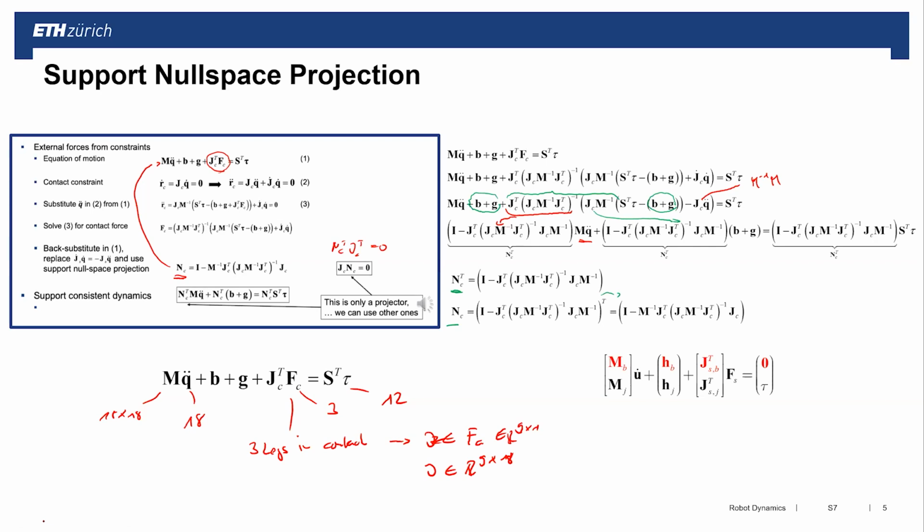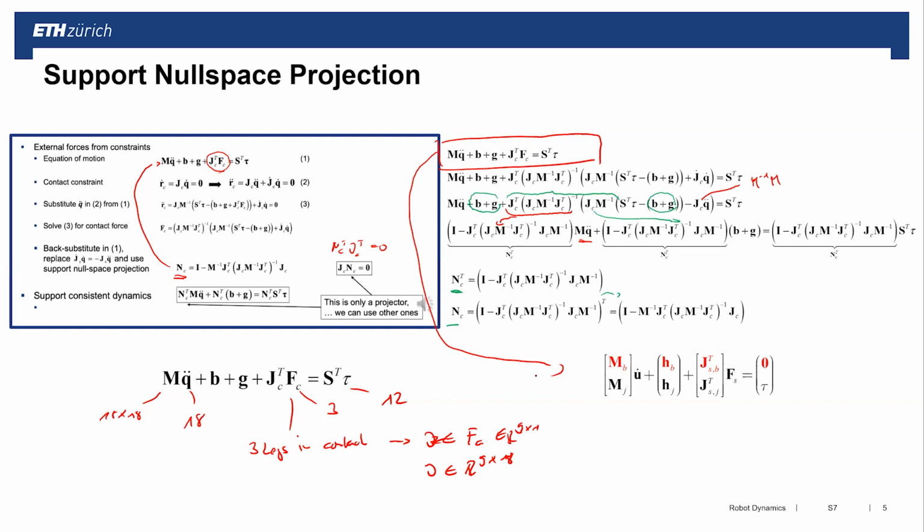This equation that we have up here, we can also rewrite in the following form. We can have M split in an M base and an M joint. The same for the B and G part. I sum this up in H. I have an H base and H joint. Then for the joint, the same thing.